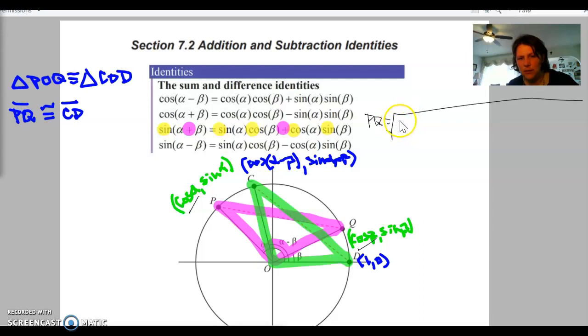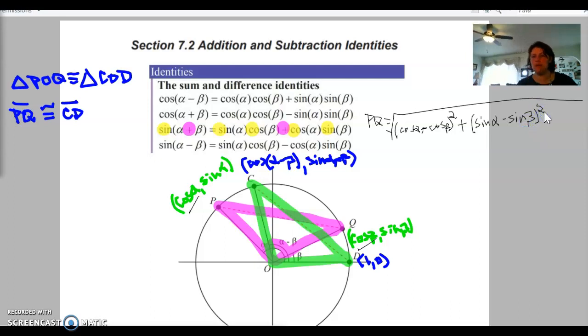So that's going to be cosine alpha minus cosine beta, and square that, and then add the difference in our y values, which is sine alpha minus sine beta.